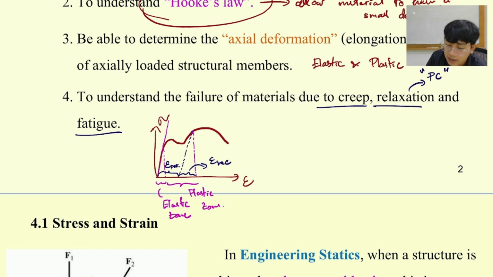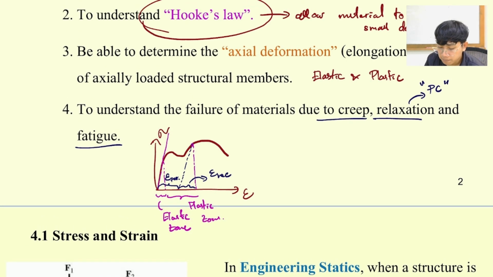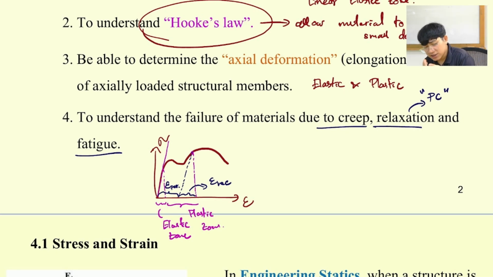You're going to learn it again in a free elective course in your 4th year. Relaxation most of the time occurs with the cable in a post-tension slab or precast slab. When we pull the steel and hold it tightly, at some point the steel itself is going to release some force, and it's called relaxation.